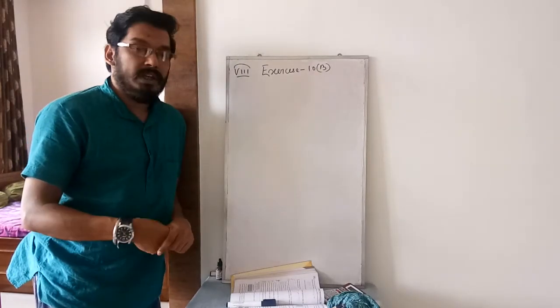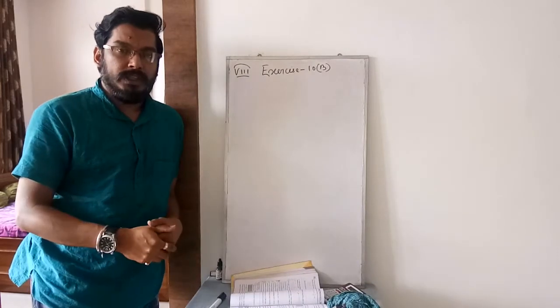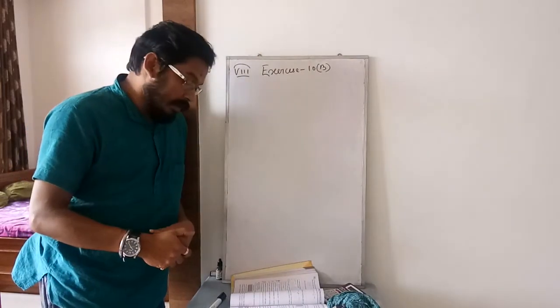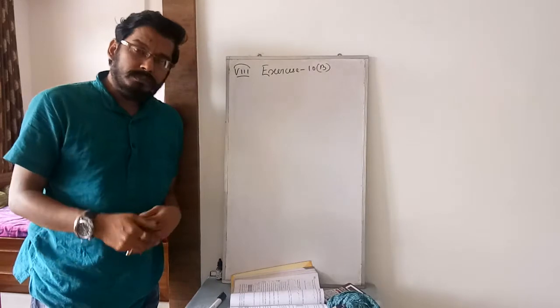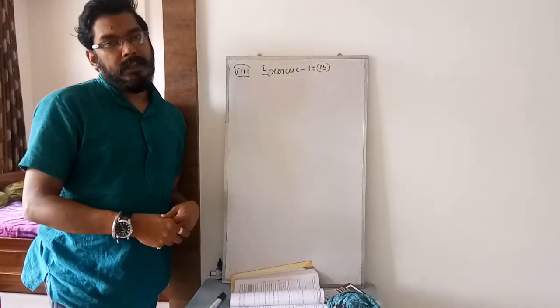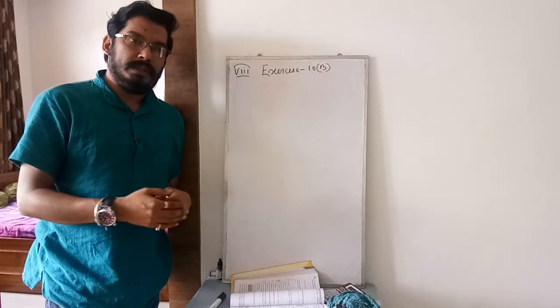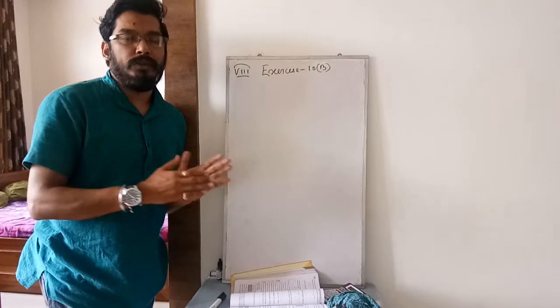In direct variation we have seen that if one quantity increases, the second quantity also increases. In inverse variation, a suitable example is speed. Suppose you are going from Hojai to Guwahati.